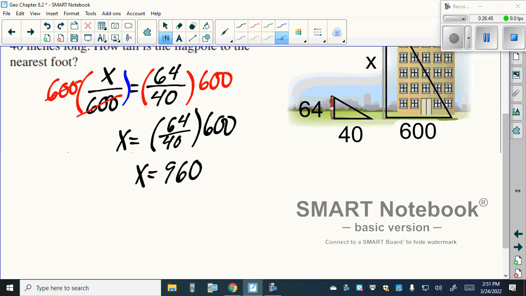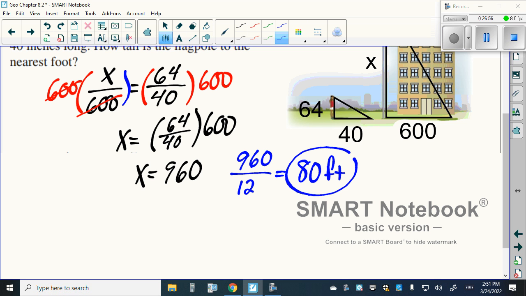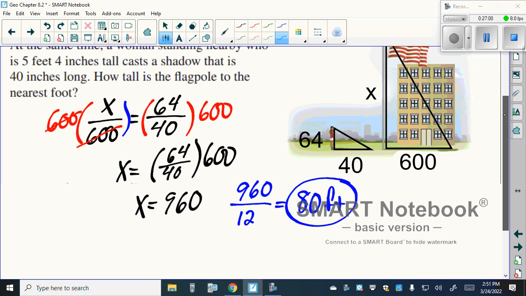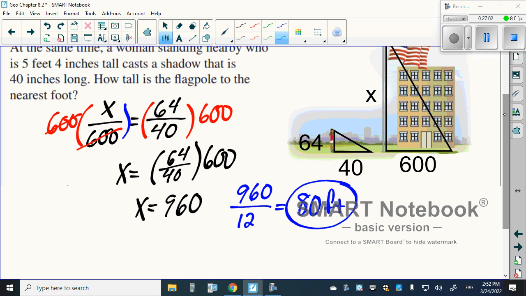And to get to feet, we would take 960, divide by 12, gives us 80. Any questions on this here? So we got 80 feet doing it this way.